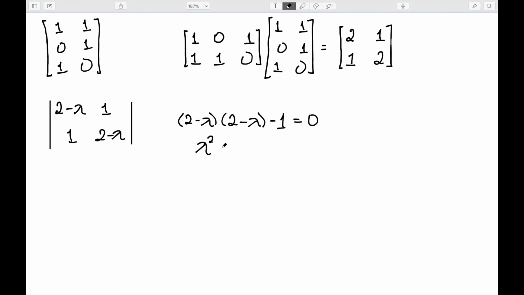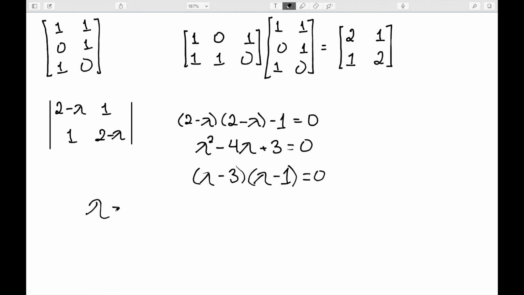This actually simplifies to lambda squared minus 4 lambda plus 3 equal to 0, which factors into lambda minus 3 times lambda minus 1. So my eigenvalues are 3 and 1. So my singular values, which I'm going to denote by SV, are the square root of 3 and the square root of 1, which is just 1.